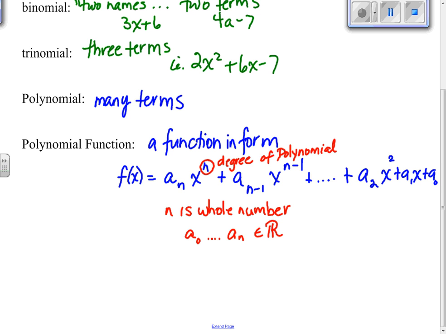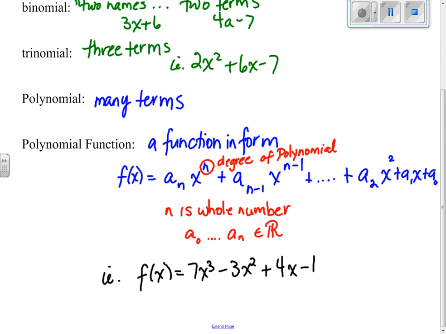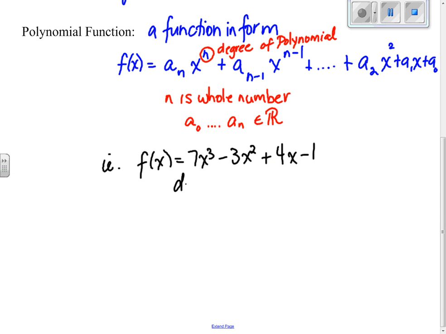For example, let's do one because they're kind of ugly. For example, f of x equals 7x cubed minus 3x squared plus 4x minus 1. This particular polynomial function has degree 3. It also has the name of a cubic. It has the coefficients a_0 all the way to a_3.